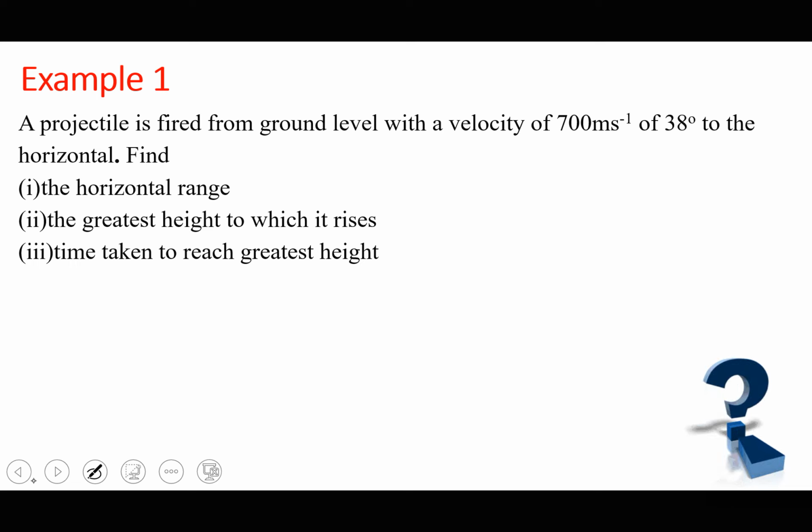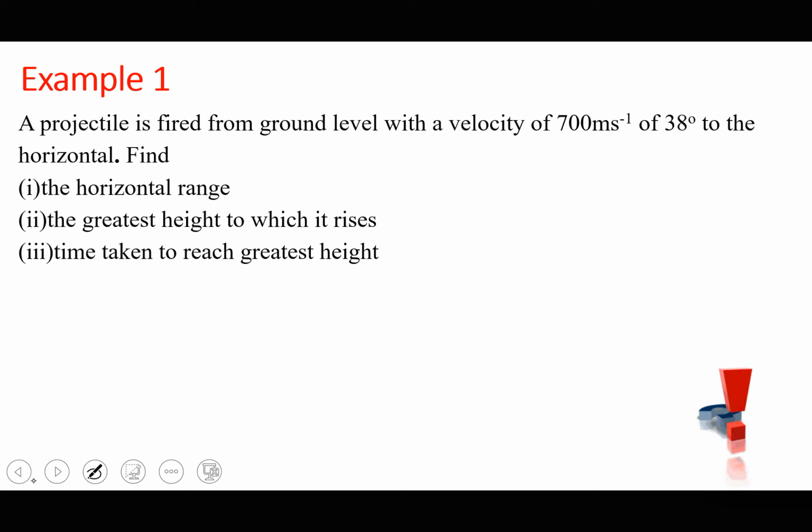The horizontal component of velocity will decrease because when the body moves to the right, the air resistance acts in the opposite direction. And the vertical component of velocity would increase and then reach a constant value, which we call terminal velocity, depending on the direction of motion of the object, as we saw in dynamics.